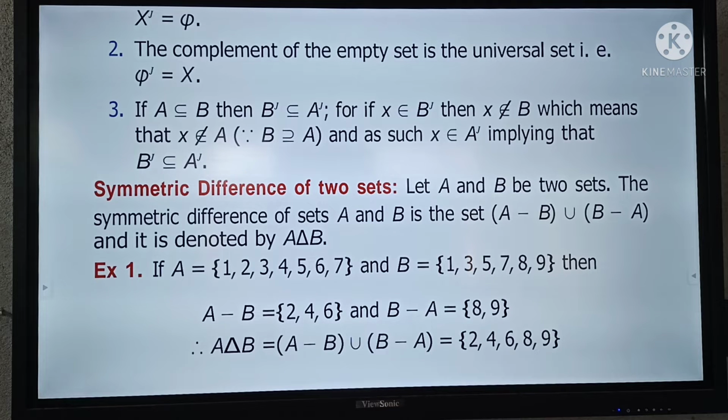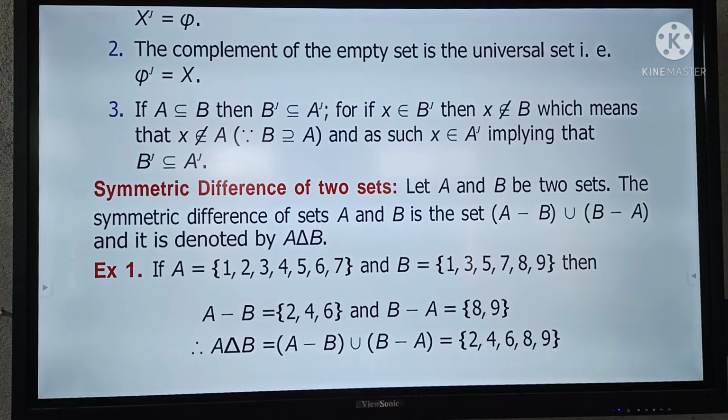Symmetric difference of two sets. If A and B are two sets, then the symmetric difference of sets A and B is the set A minus B union B minus A, and it is denoted by the symbol A triangle B. For example, A contains 1, 2, 3, 4, 5, 6, 7, and B is 1, 3, 5, 7, 8, 9.